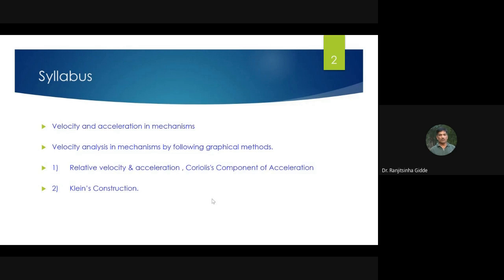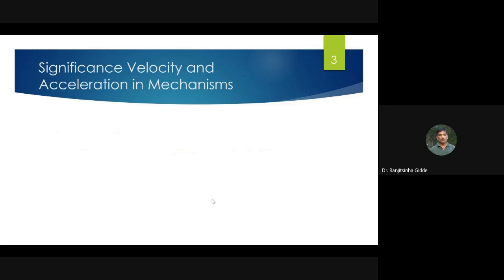These are the graphical methods with which we are going to determine the velocity and the acceleration for a particular point or a link in a mechanism. Now let us see what is the significance of the velocity and the acceleration in the mechanism.